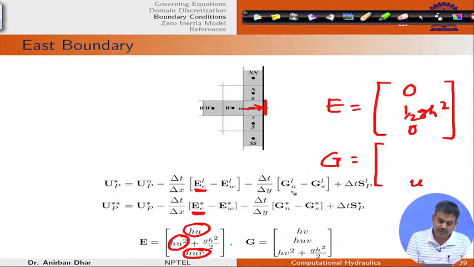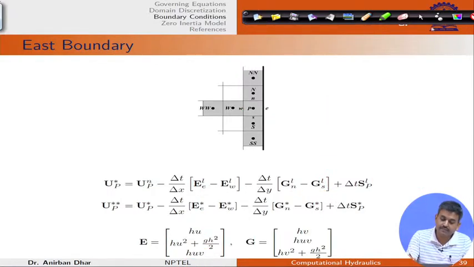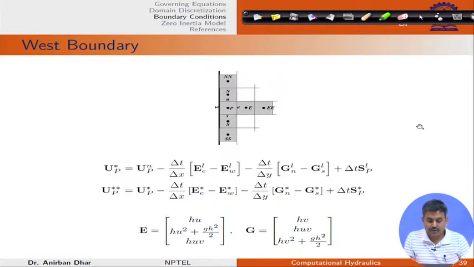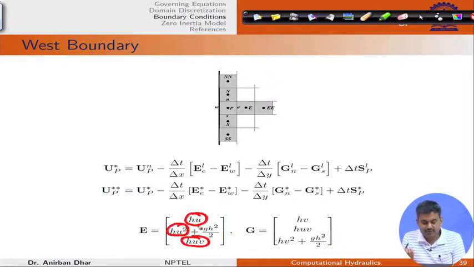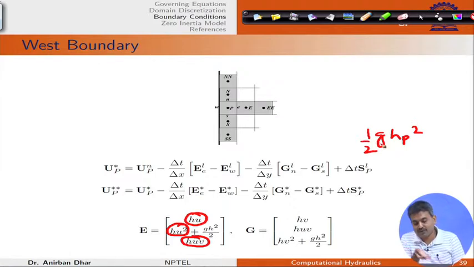This can be calculated for north and south boundaries. So, there will be no change in this case. Similarly, for west boundary, again this quantities will be 0. So, approximately to calculate the east phase value, we can specify half g p square, which is the cell center value there, but this is approximate specification of boundary condition.